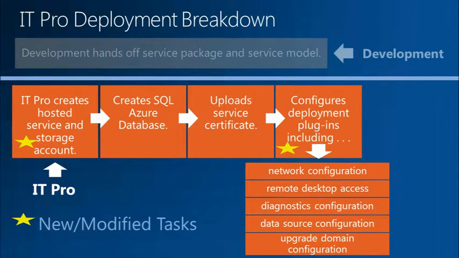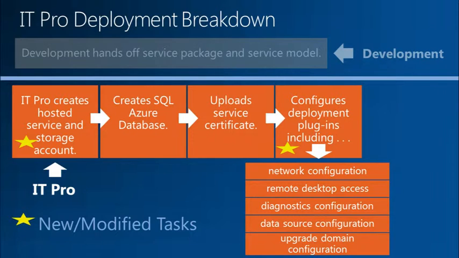Configuring and deploying: how much capacity does this app actually need? When does it need it? Setting up the network configuration, setting up the remote desktop connectivity, and all the diagnostics that are involved. If you're going to be doing things with System Center, you need to turn on various performance counters and diagnostics. You want to make sure that those are all set up and working in the configuration.